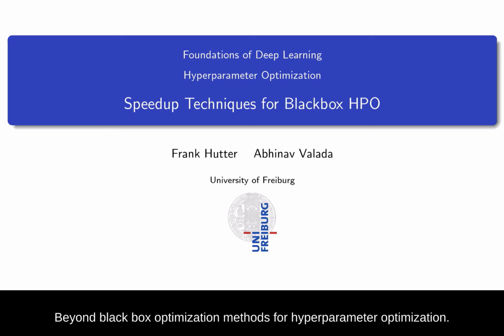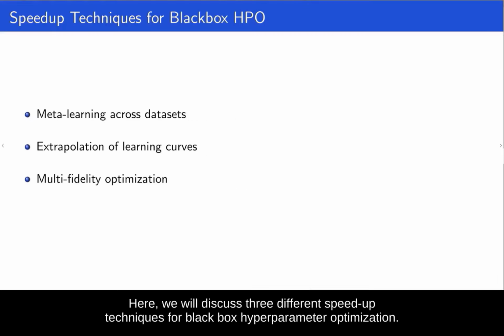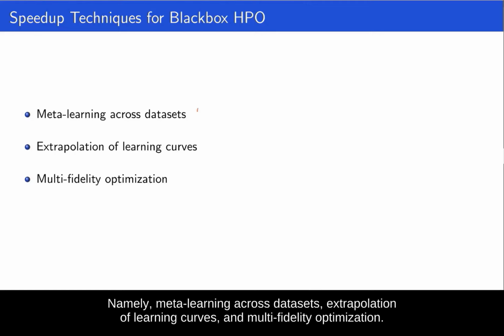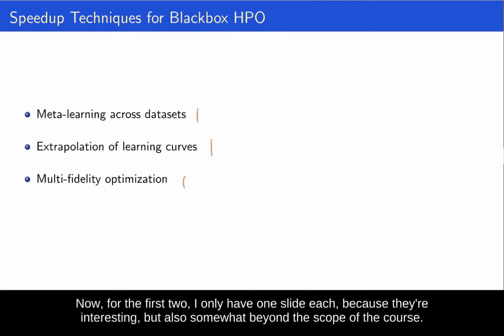Beyond Blackbox optimization methods for hyperparameter optimization. Here, we will discuss three different speedup techniques for Blackbox hyperparameter optimization, namely meta-learning across datasets, extrapolation of learning curves, and multi-fidelity optimization. Now, for the first two, I only have one slide each because they're interesting, but also somewhat beyond the scope of the course.